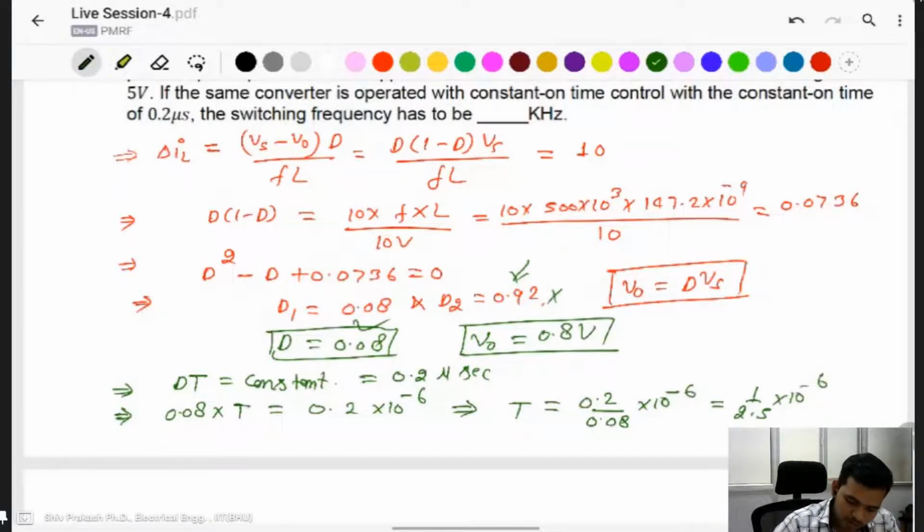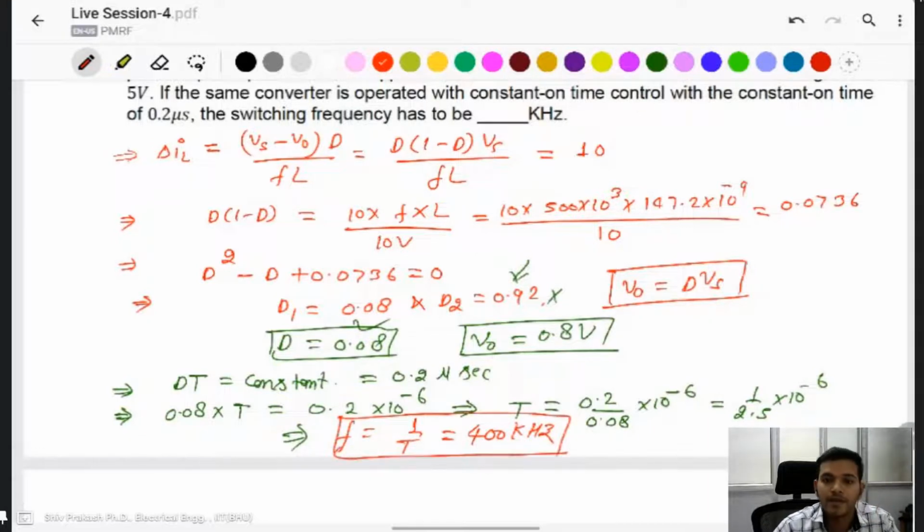It is asking about the frequency. Then you find the frequency, f is equal to 1 by T. If you take the reverse of this, then you find 400 kilohertz frequency. Okay.